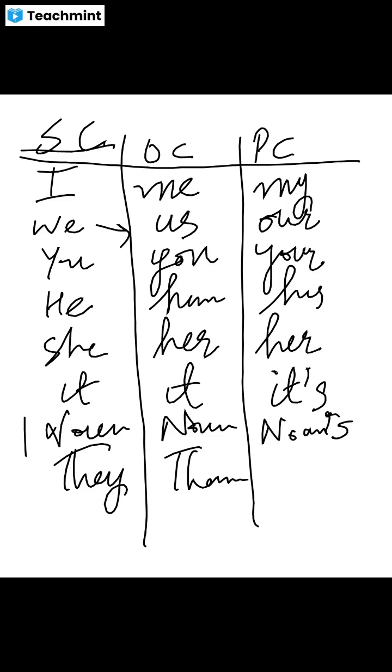I'll show you how we show the possession with the nouns. If it's singular, then how do we put apostrophe s? And if the noun is plural, then how do we do that? The possessive case of they is their. Let me go to the other slide. I don't want to delete this, so wait a second.